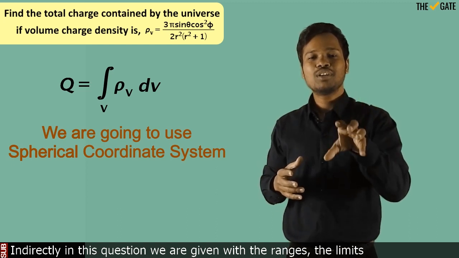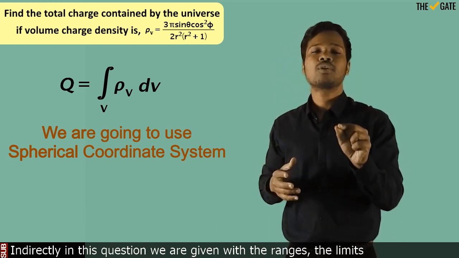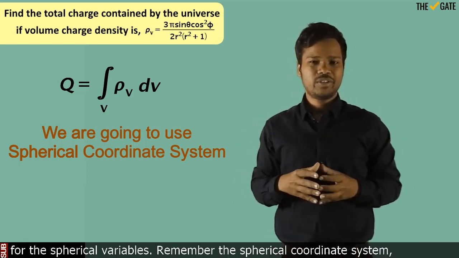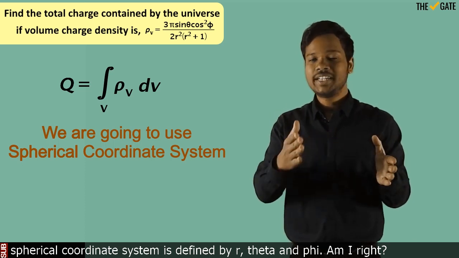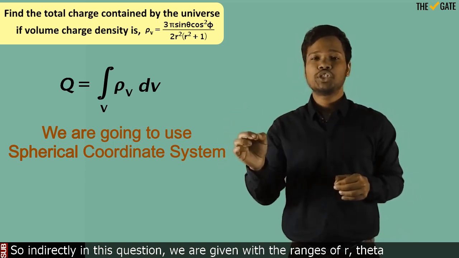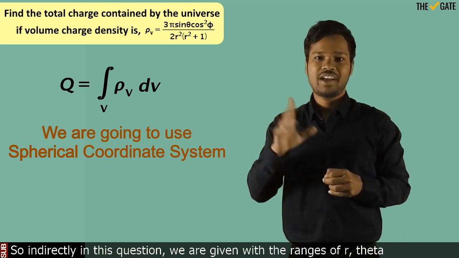Indirectly, in this question, we are given the ranges, the limits, for the spherical variables. Remember the spherical coordinate system. Spherical coordinate system is defined by r, theta and phi. Am I right? So indirectly in this question we are given the ranges of r, theta and phi.